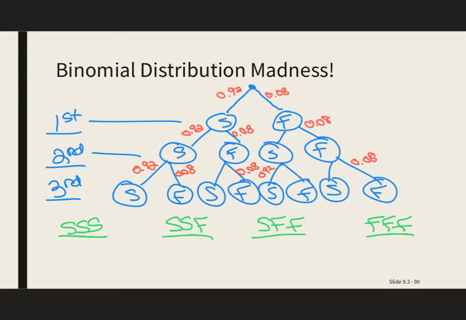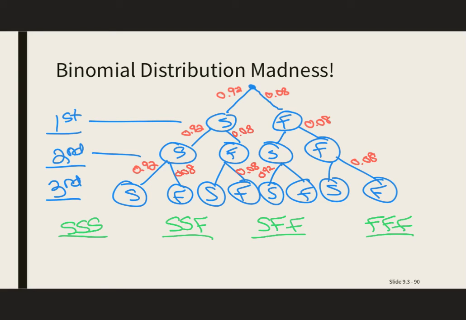We have three of these free throws being done. Sorry, so 3 experiments of this event and 2 possibilities for each event. Yes? All right, but then we get 4 possibilities, 4 outcomes.